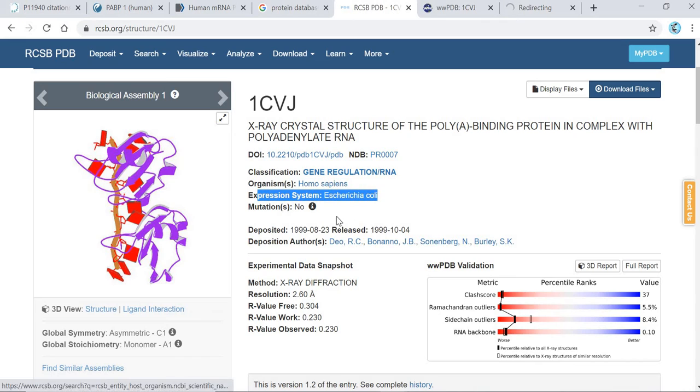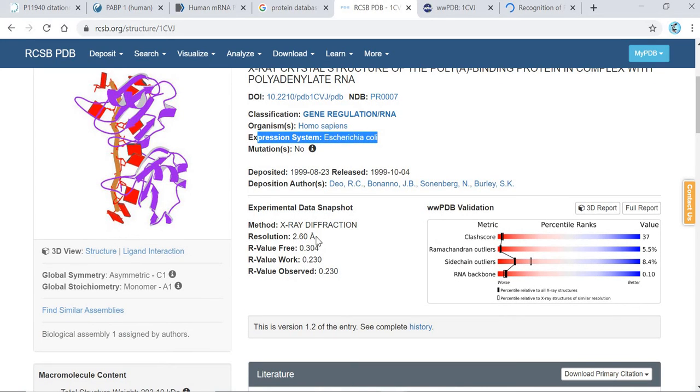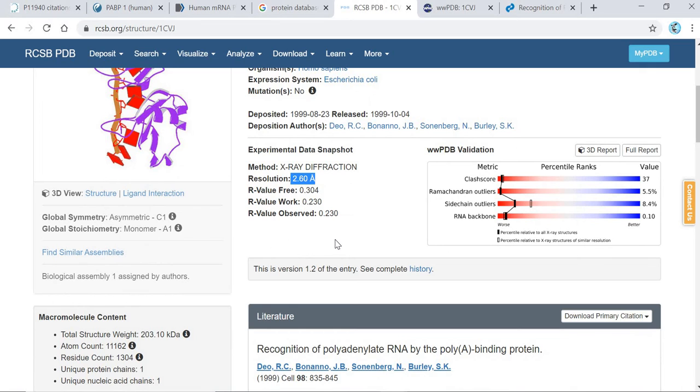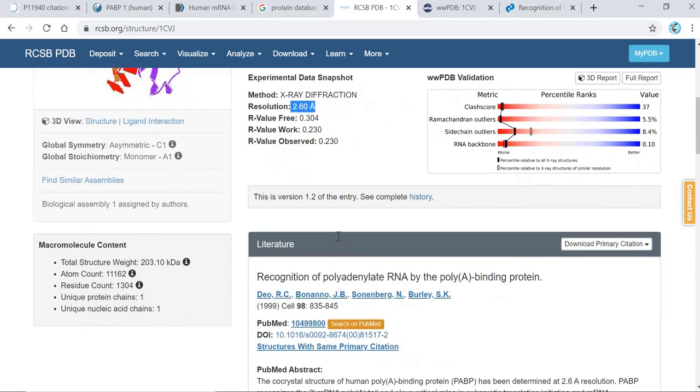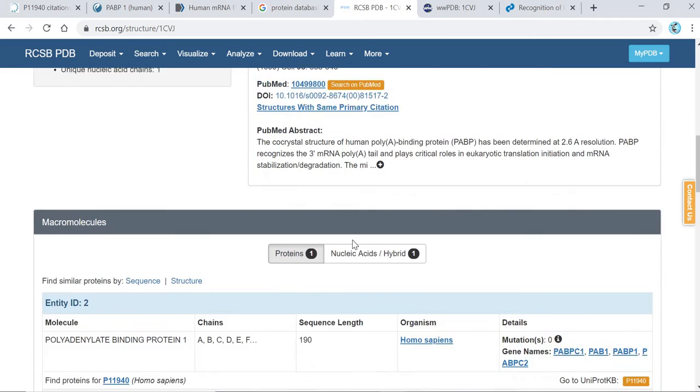The expression system is E. coli, so it means that it is a recombinant protein. The resolution is 2.6. So it's, let's say, okay, not bad. Could be better, but yeah.